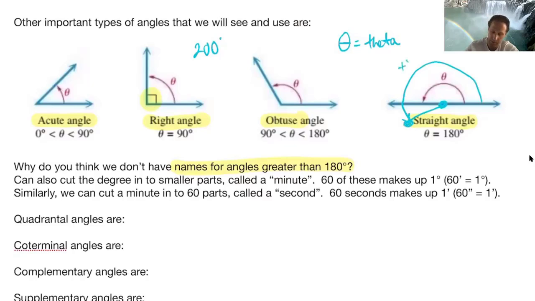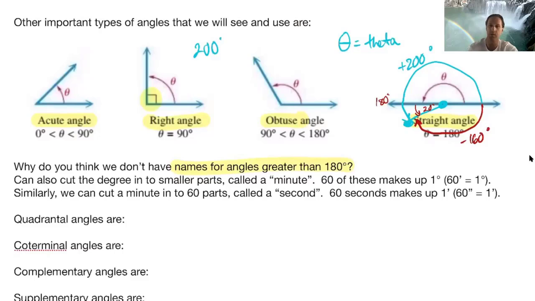Instead of going positive 200 degrees, I could have gone negatively to get to that same point. How much? Remember, if this was 180 here, then I'm going to come back that extra 20. So that would be negative 160 degrees. So it would be a lot faster to get there, rather than going 200 degrees, to just go 160 in the downwards direction rather than the positive upwards.